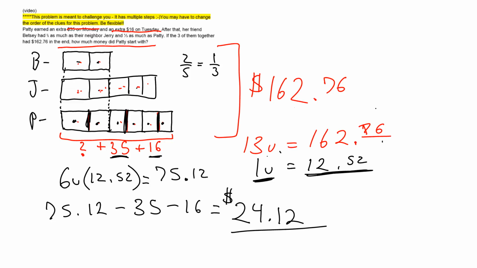We then used that information to find out how much Patty has right now by multiplying $12.52 times 6 to give us $75 and change. Once we figured out that amount, we could then deduct the money that she made on Monday and Tuesday and end up with $24.12. The end.